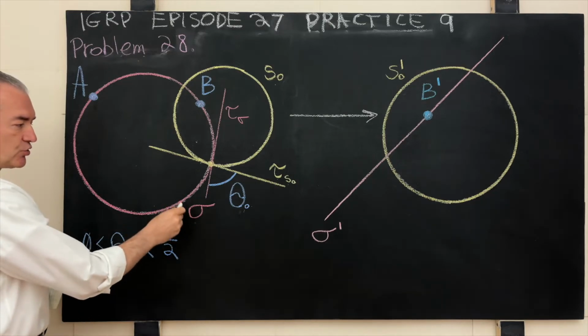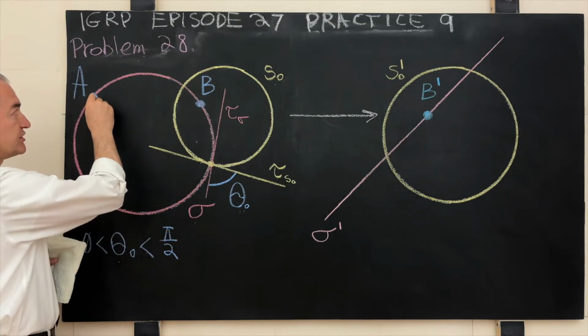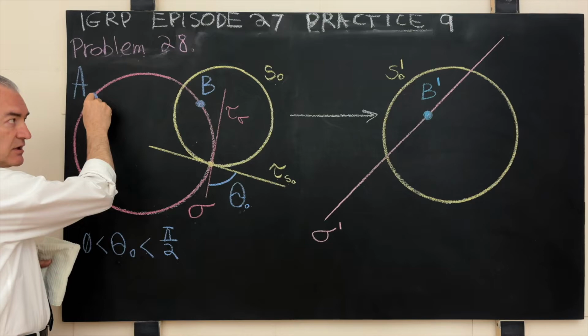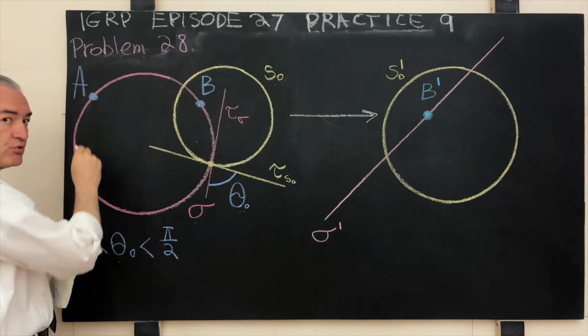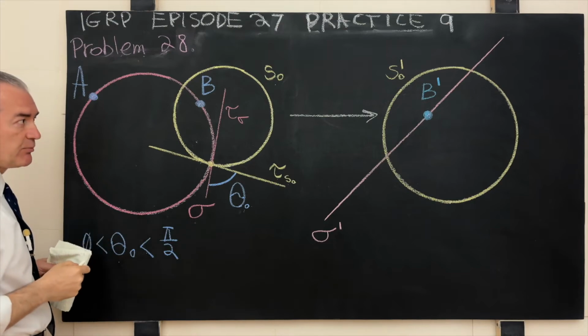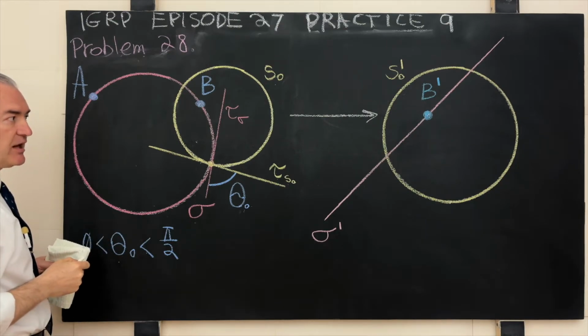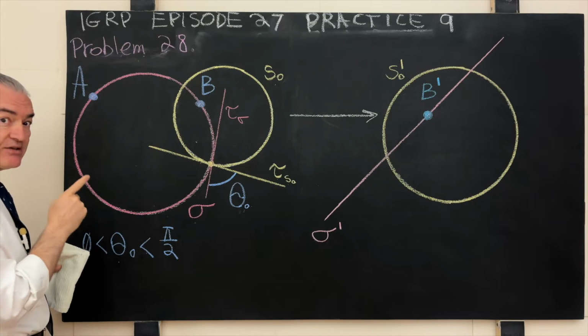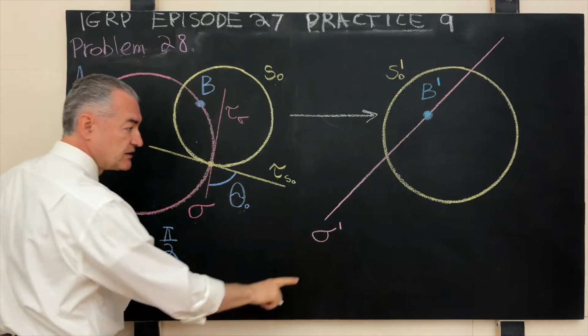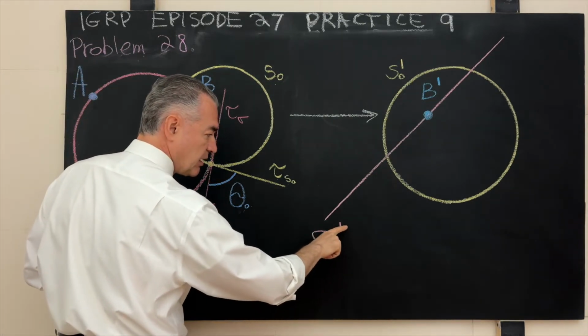If a circle sigma passes through the center of inversion A, then under the inversion of the plane with respect to a circle centered at the point A with any strictly positive real number r as its radius and positive power, such a circle will be taken into a straight line sigma prime.